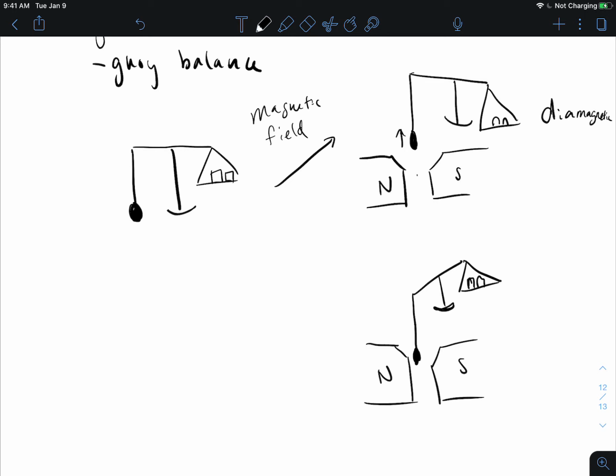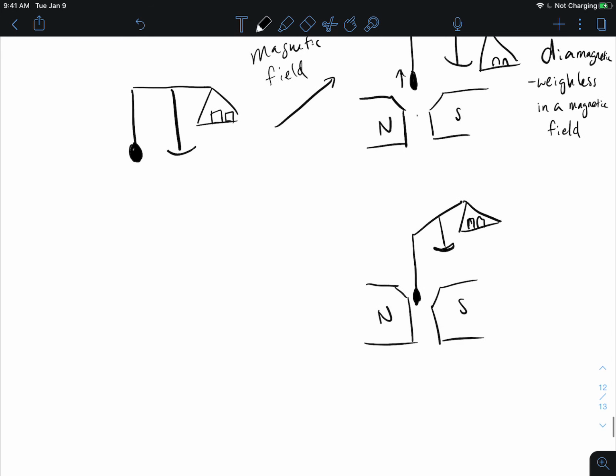So diamagnetic species are going to weigh less in a magnetic field. Our paramagnetic species are going to be pulled in by the magnetic field, so they're going to appear to weigh more.